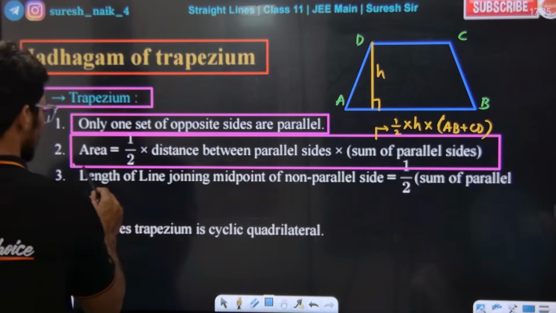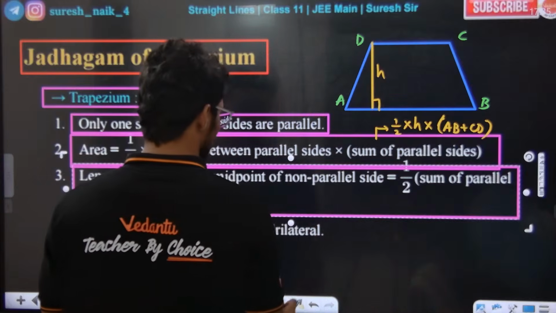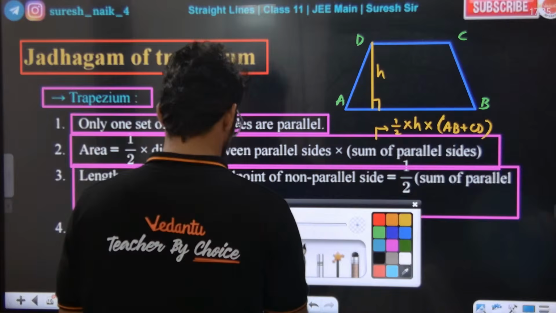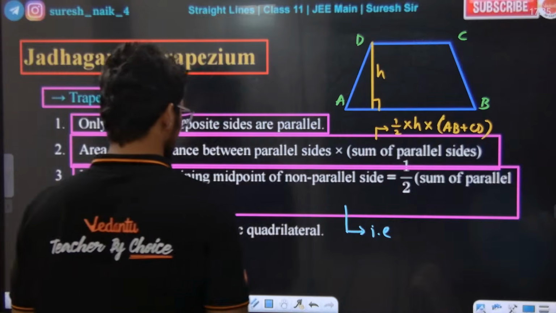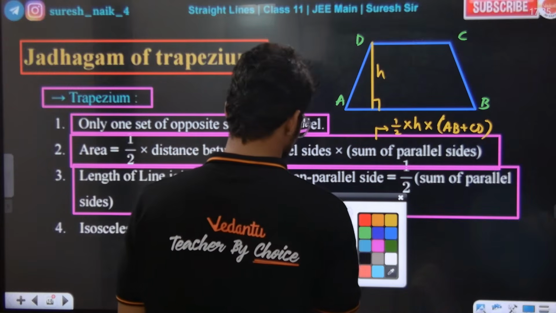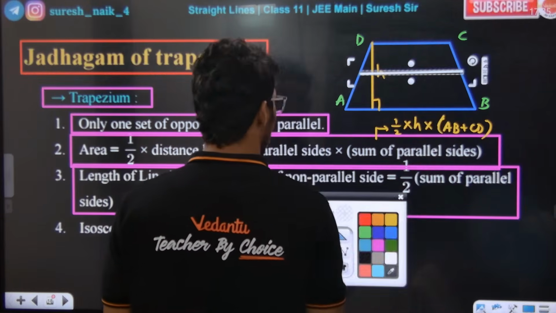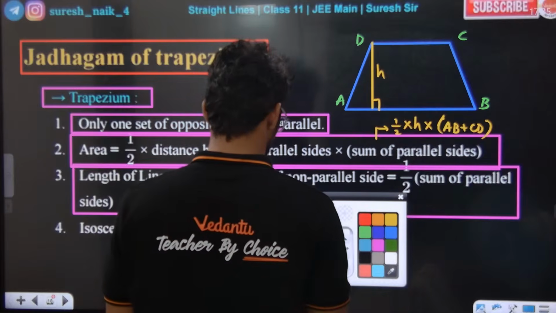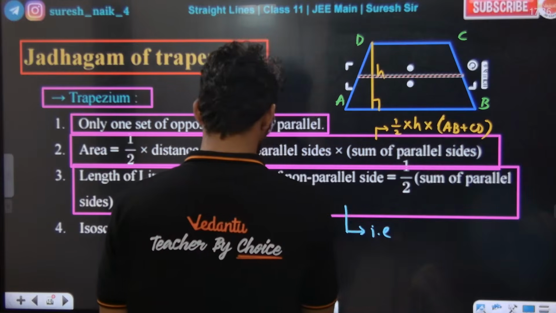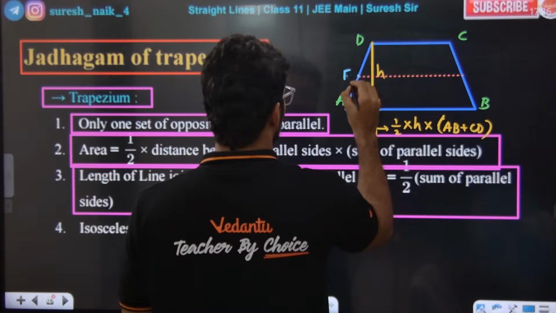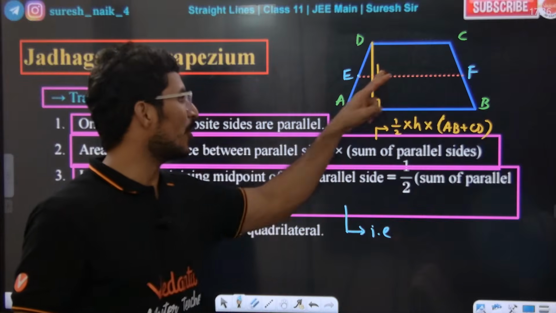Next, the length of the line joining the midpoints of the non-parallel sides is equal to half of the sum of the parallel sides. What does it mean? Guys, these are the midpoints, let's say E and F. AD and CB are the non-parallel sides.